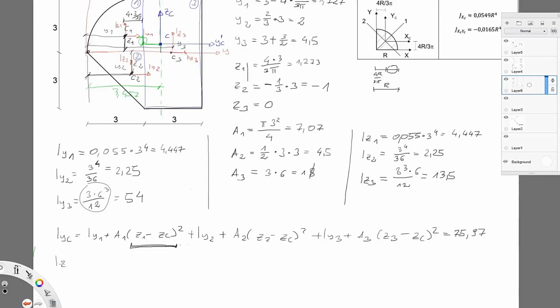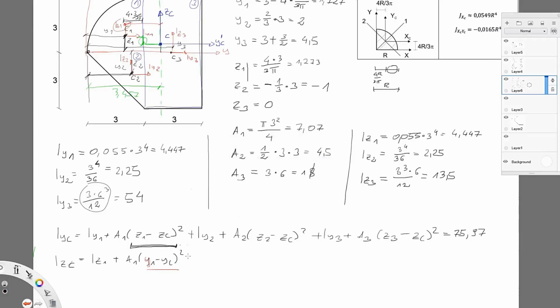We have the next I_zc, which equals I_z1 plus A_1 in parentheses, y1 minus yc squared. Notice this is exactly the same. We used to shift the y moments with respect to the z-axis. Now the z moments are shifted to y. So we shift z1 to this position of zc, which means we now have such a distance.